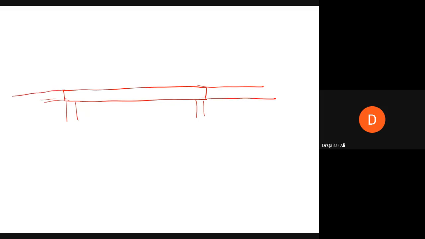So the bending moment diagram for this will be like this: positive bending moment and negative bending moment. You can see that near the support, the positive bending moment becomes 0, and negative bending moment is introduced.